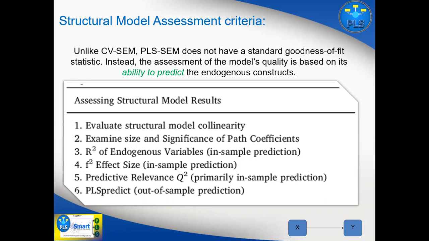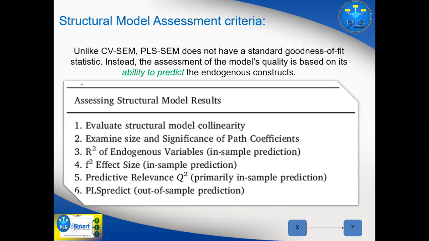Unlike CB-SEM, you know, when I say CB-SEM, I mean software like AMOS, where you go for what they call standard goodness of fit statistics. In CB-SEM, there are some statistics called goodness of fit, or model fit indices such as GFI, TLI, RMSEA, chi-square, NFI, a lot of them.